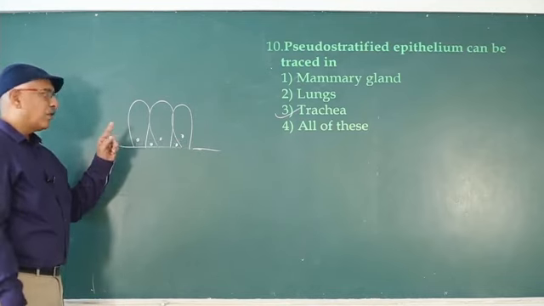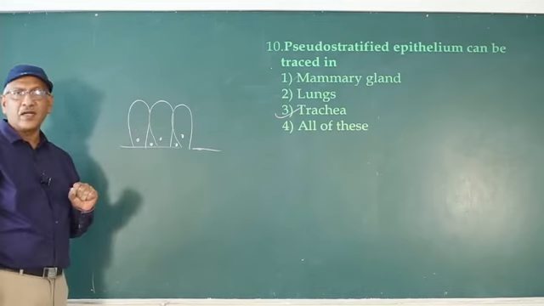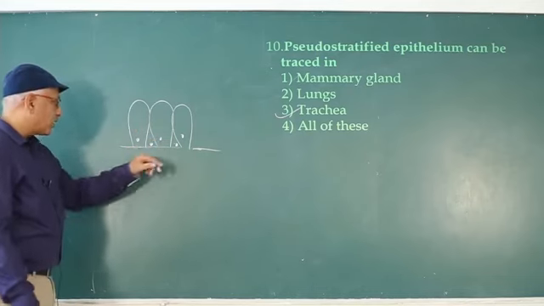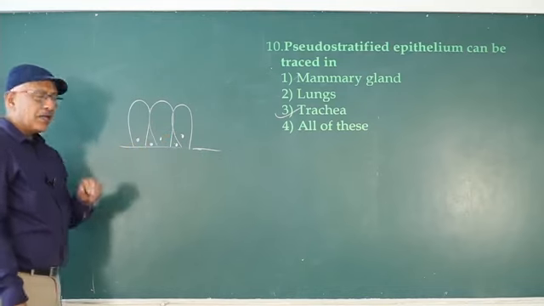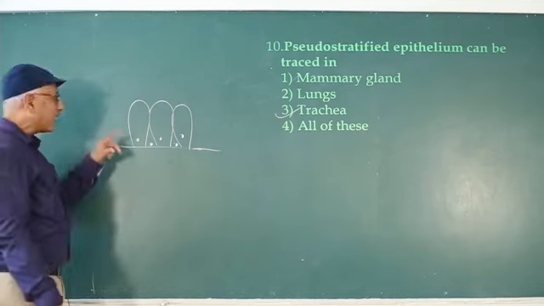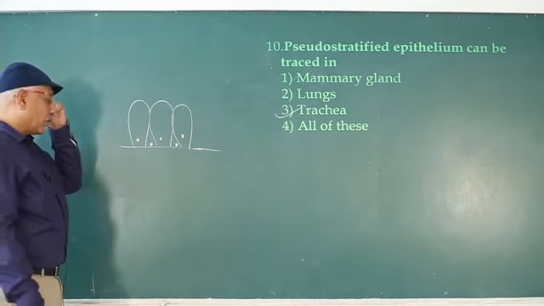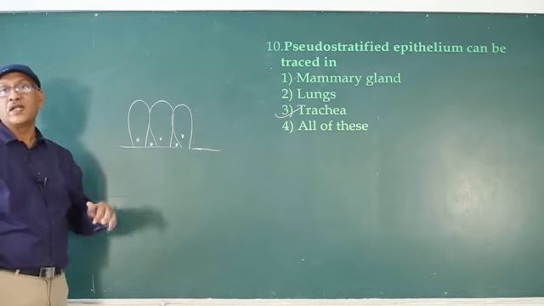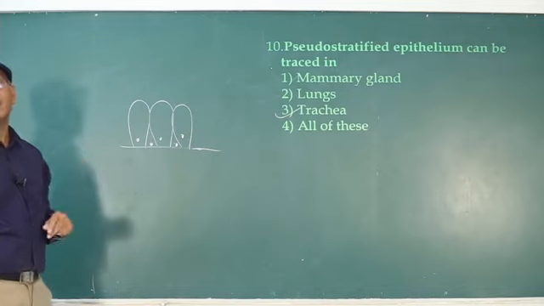The position of nuclei is not the same. In large cells, the nucleus is present in one position; in small cells, in another position. So the cells are arranged in a single layer but appear to be in more than one layer. That's why it is known as pseudostratified epithelium.